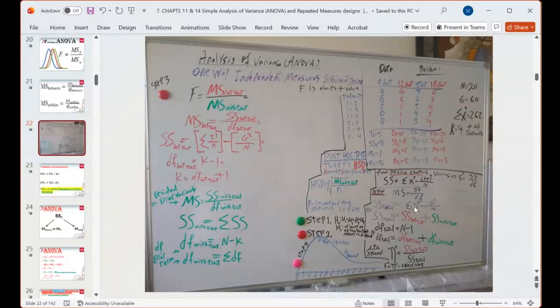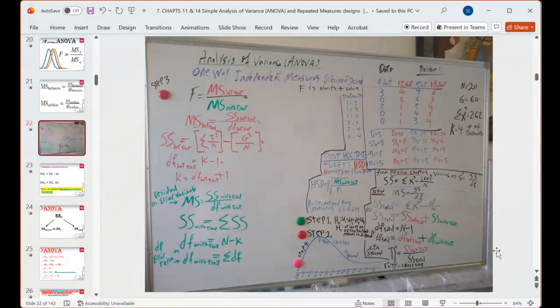But now we have SS as sum of X square minus, instead of sum of X, we have G square, so G squared divided by N. Also, MS was SS over DF, which is the variance for the population.